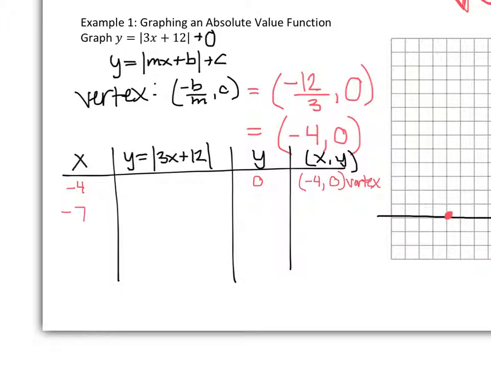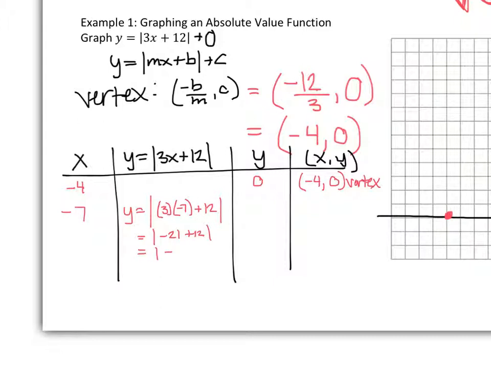So if we plug in negative 7 for x, we'll get absolute value of 3 times negative 7 plus 12. What's negative 7 times 3? Negative 21 plus 12. So what's negative 21 plus 12?